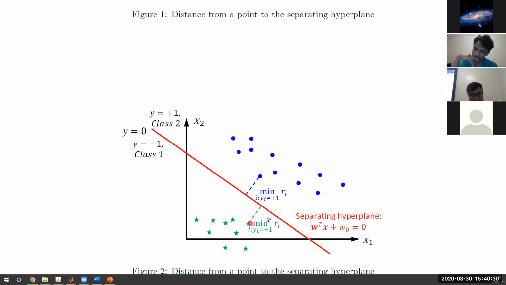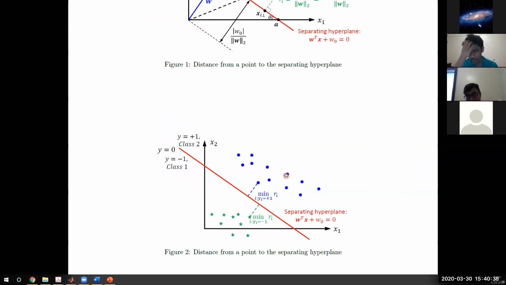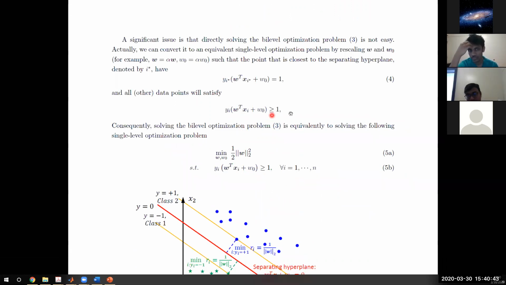So no matter in which class, at which point, you must have yi times f(xi) greater than or equal to 0, which is here. This is the one in the parentheses. This is f(x). Okay, clear?